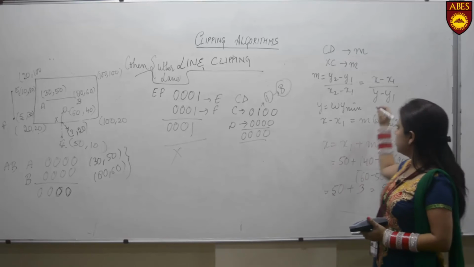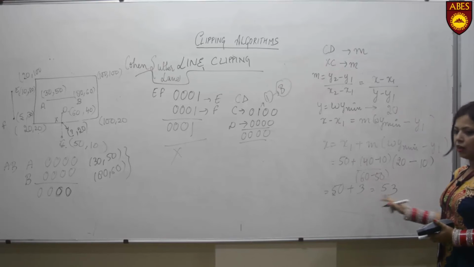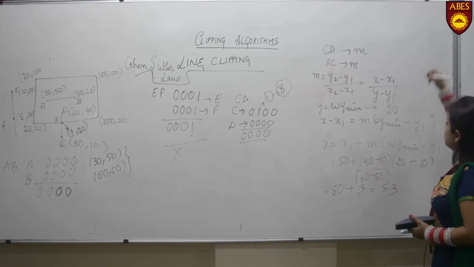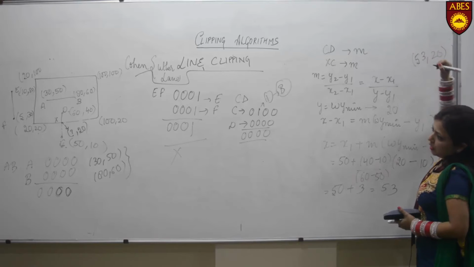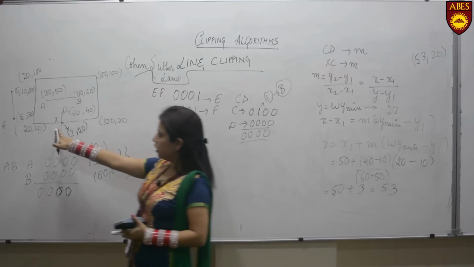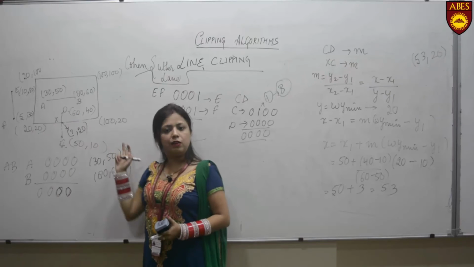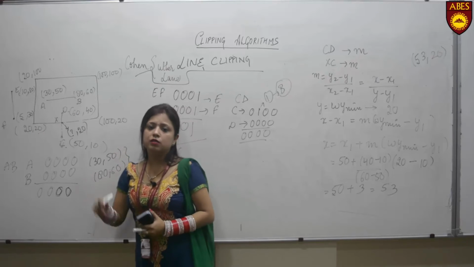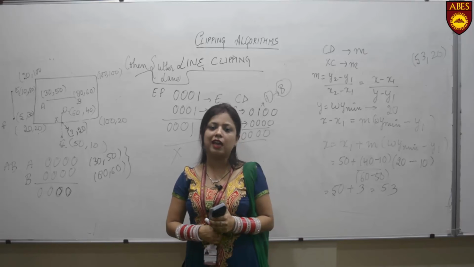The y value was already known, y minimum, which was equal to 20. We have evaluated the x value, which is 53. So what we get as an output is 53, 20. Here we can see this particular point x lies between 50 and 60 and the y value is the same, that is 20. So these were basically the 3 categories of clipping which are included in the Cohen-Sutherland line clipping algorithm.